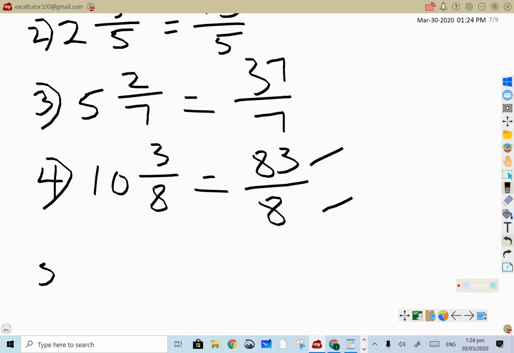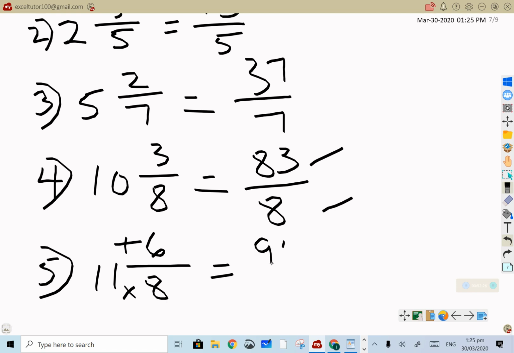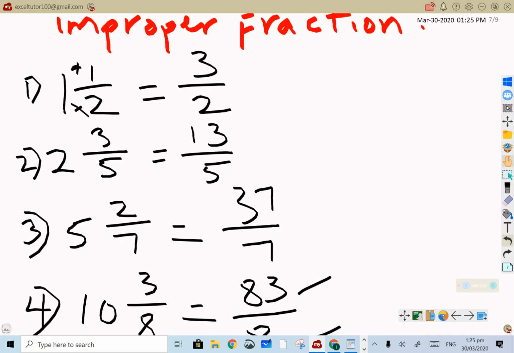When working, we have to remember to multiply first and then we add the numerator. So 11 by 8 is 88, plus 6 is 94 over 8. So we can't be afraid of the big numbers.